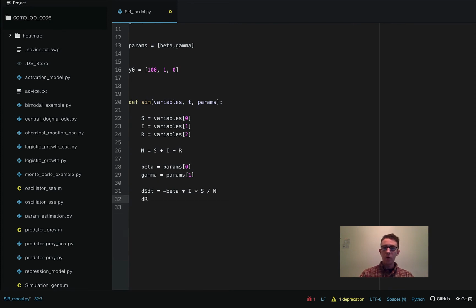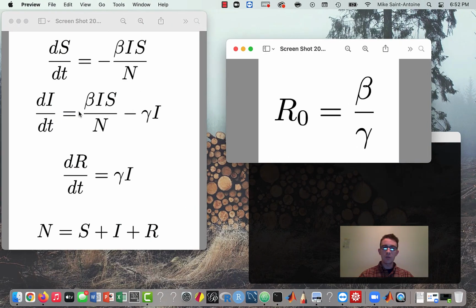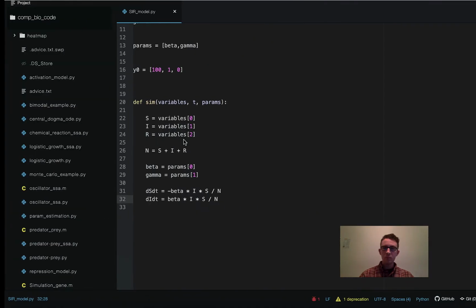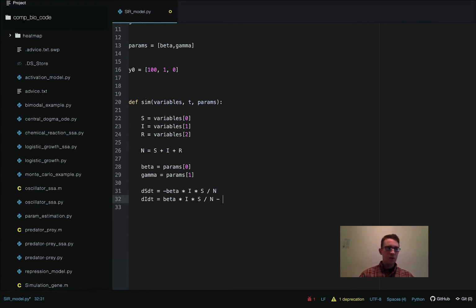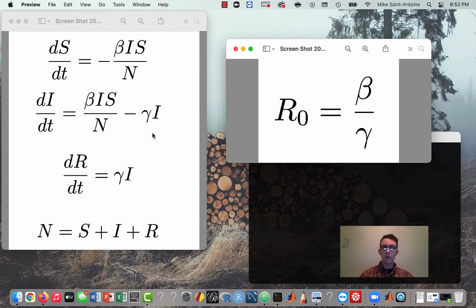And then di dt, our infected ODE, is going to be just the positive of this, right? Yeah, positive that. We talked about the rationale for doing that before. And then minus gamma times I. And then lastly, dr dt is going to be just positive gamma times I. We talked about the rationale for that before.